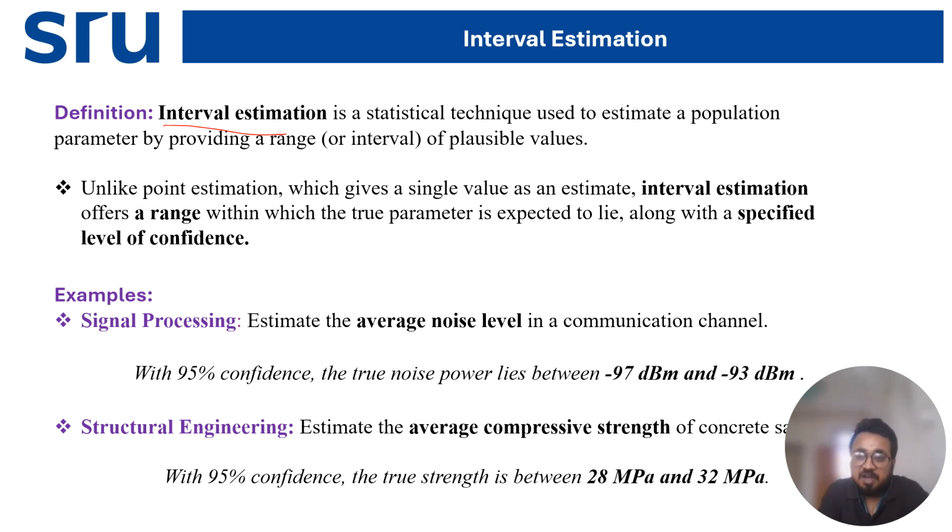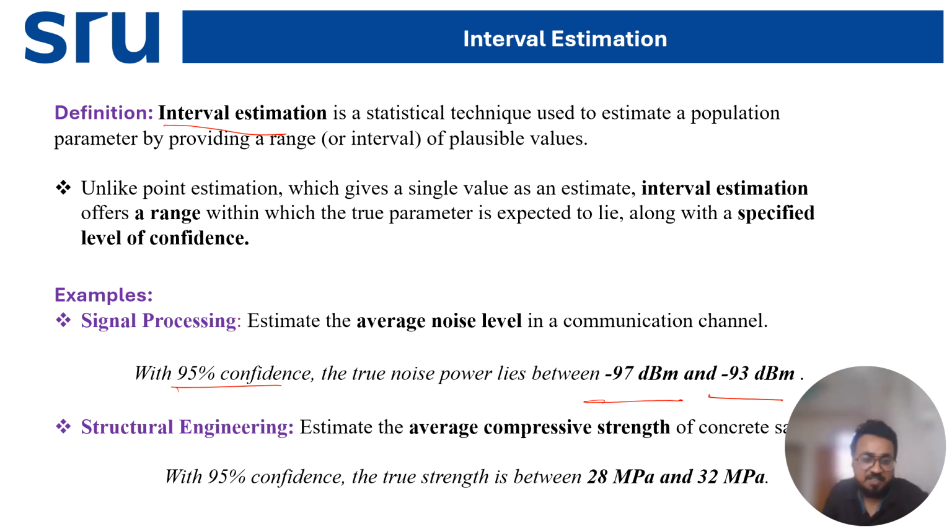Let us discuss how this concept is used in real life. For example, in signal processing, suppose we want to estimate the average noise level in a communication system. Instead of giving a single value, we say with 95% confidence the noise lies between minus 97 dBm to minus 93 dBm.